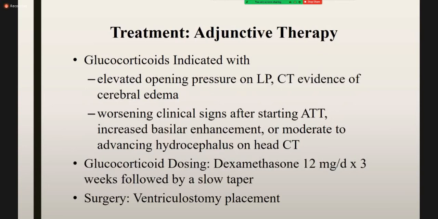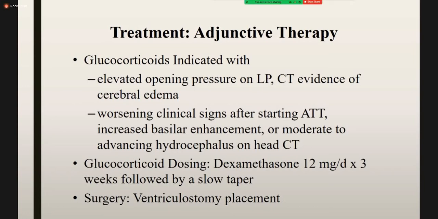Along with the anti-tuberculosis therapy, you should start adjunctive therapy, including glucocorticoids, and they are basically indicated if there is elevated opening pressure on lumbar puncture and a CT evidence of cerebral edema. If your patient has worsening clinical signs after starting ATT, increased basilar enhancement, or moderate to advancing hydrocephalus on CT head, you should start corticosteroids.